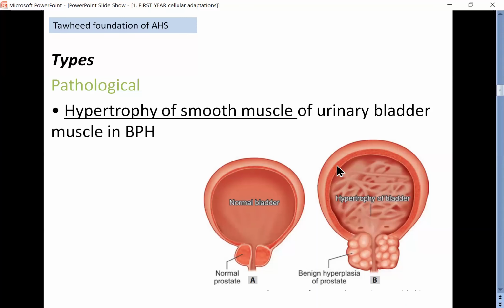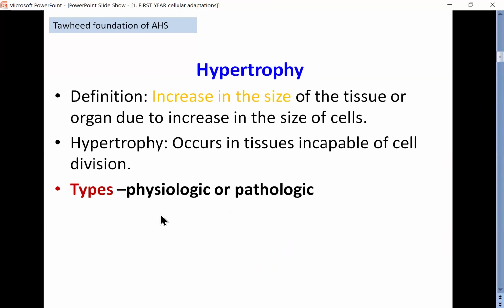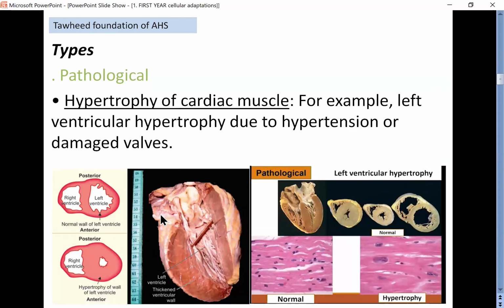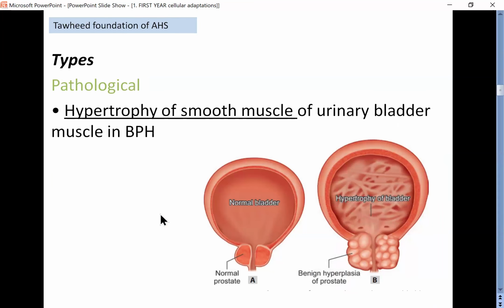One is physiological hypertrophy, where you can see hypertrophy of skeletal muscle in athletes and bodybuilders, and hypertrophy of smooth muscle of the uterus during pregnancy. And you have pathological hypertrophy, where we can see hypertrophy of cardiac muscle in left ventricular hypertrophy and hypertrophy of smooth muscle of the urinary bladder in benign prostatic hyperplasia. So this ends hypertrophy.